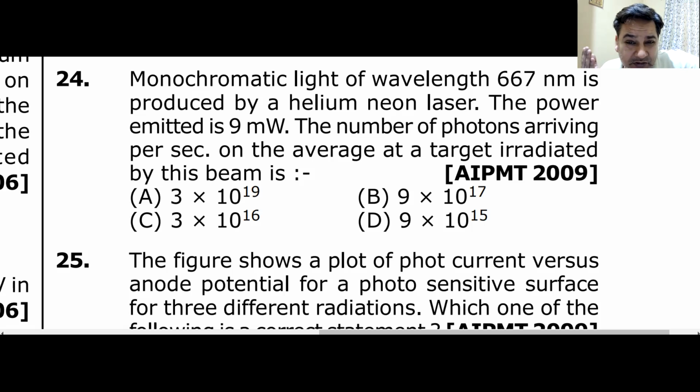They've given 667 because they want to cut this 667 with the 6.67 of h, Planck's constant. Do we understand this? That's why 667.